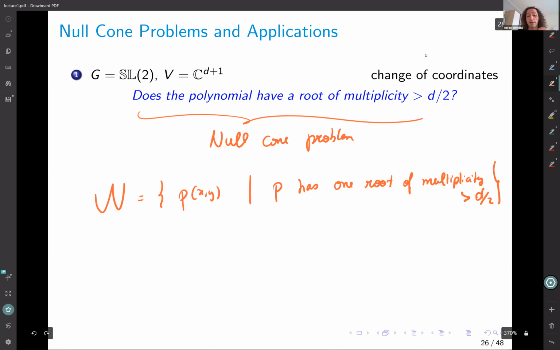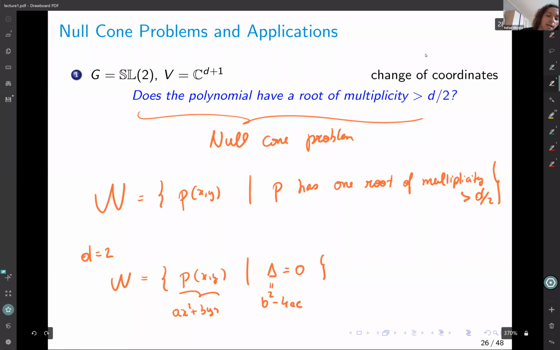If you think about it, for instance, if d equals 2, the null cone here is exactly the polynomials p(x,y) such that the discriminant of p is equal to 0, where delta is b squared minus 4ac, and you think of p as the polynomial ax squared plus bxy plus cy squared.